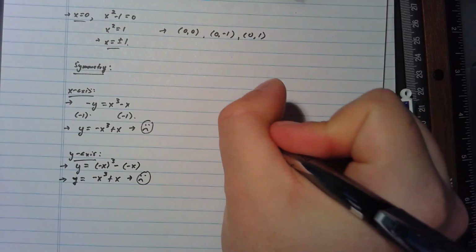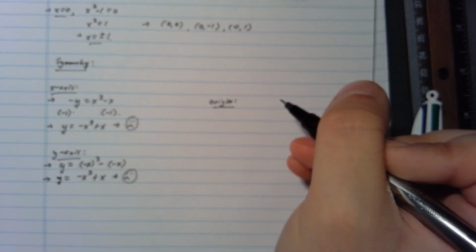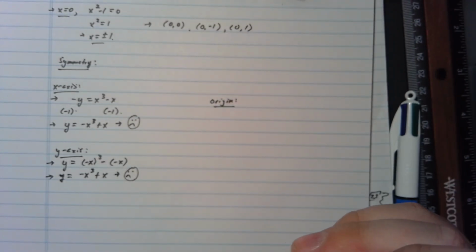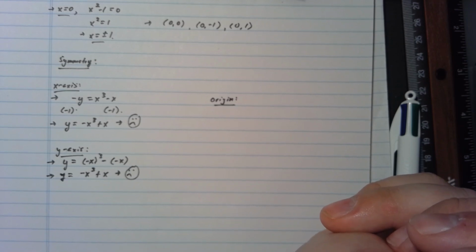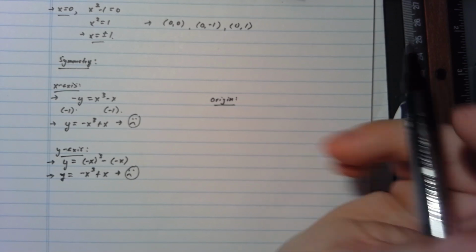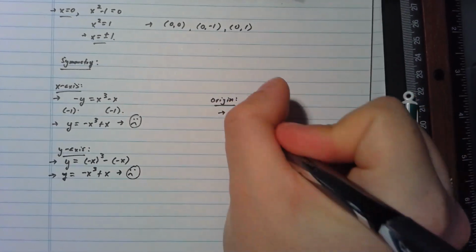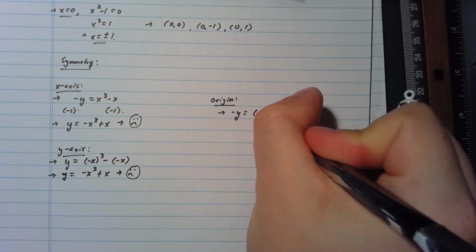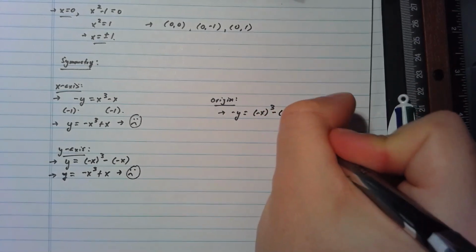Alright, so let's try origin symmetry. So that's when we replace both x and y with negative x and negative y. So when we do that, we get negative y equals negative x to the third power minus negative x.